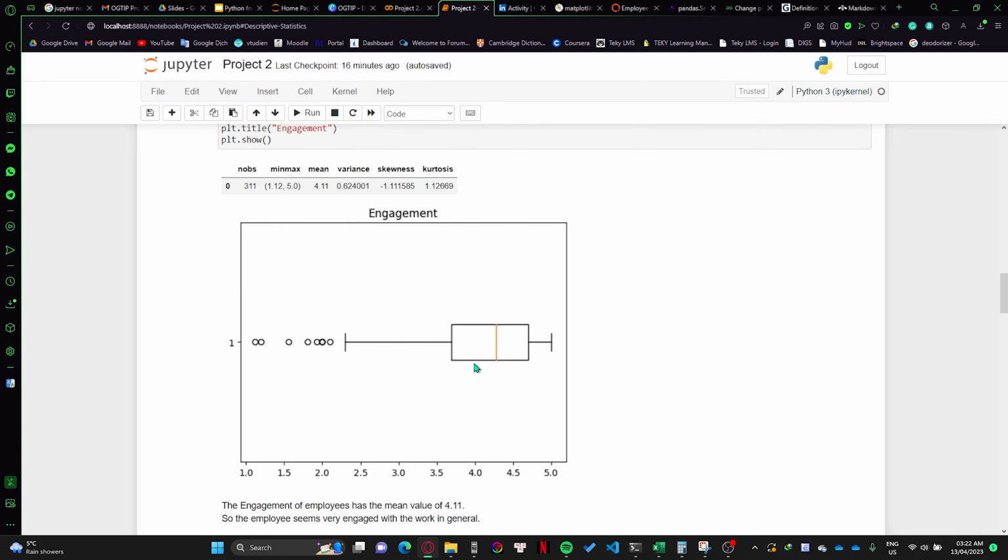You can also see in this box plot right here that the graph floats to the right-hand side. So it seems like the employees are very engaged with the work in general.